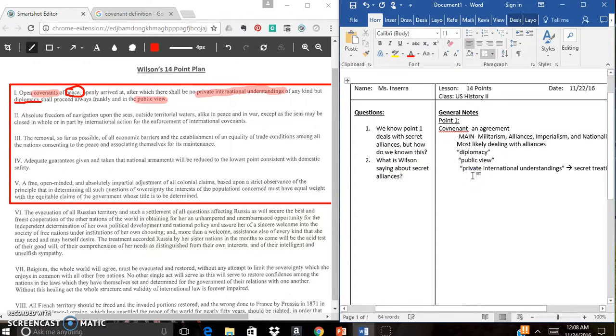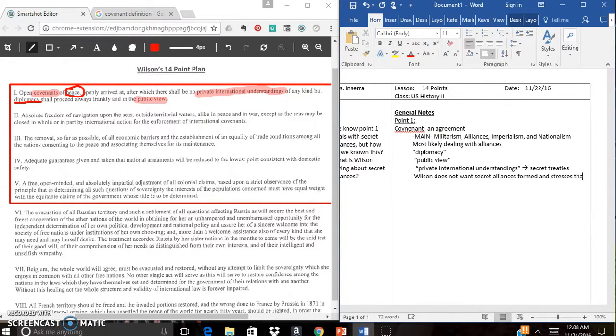And we can answer it right over here. Wilson does not want secret alliances formed, and stresses that in point 1. So this is the sort of method you want to really use as you're going through the points with your partner over here.